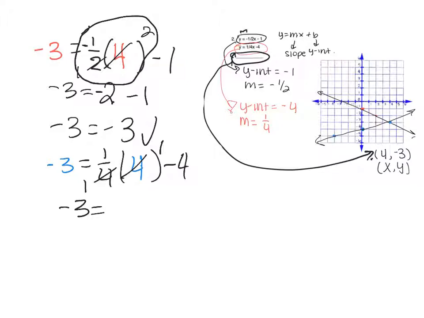So when I multiply those across, I get 1 minus 4. -3 equals 1 minus 4, which then we got -3 equals -3, and that checks. Again, so on this line up here, on your worksheet, you'll be writing this ordered pair right here, because we proved that it works.